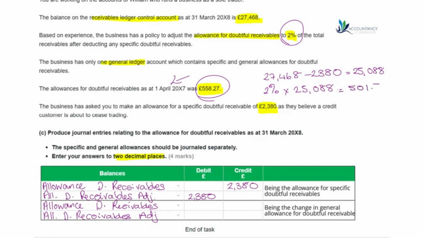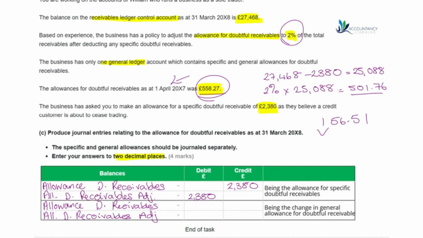So the actual balance of the allowance for doubtful receivables should be 105.01, but it's currently at 558.27. So we need to reduce it. The difference between the two is 56.51. So we need to reduce our allowance by 56.51.